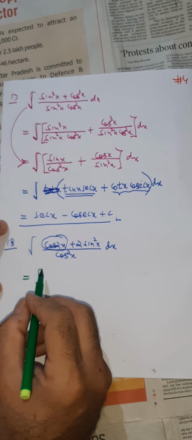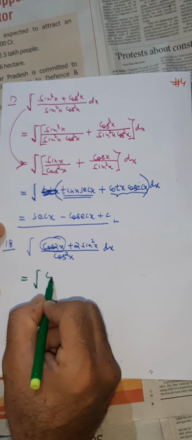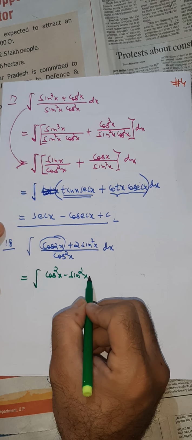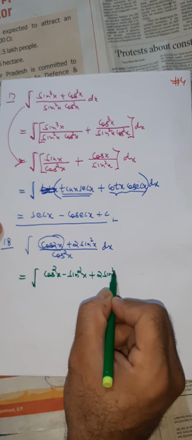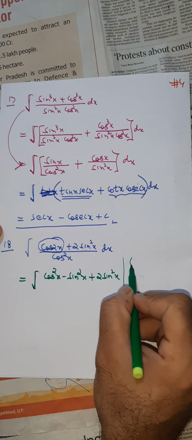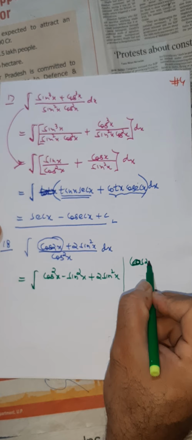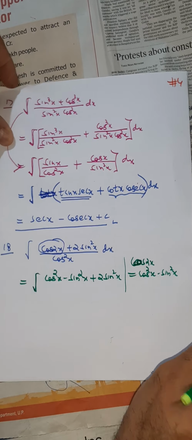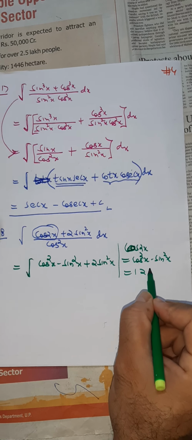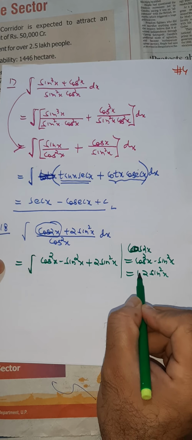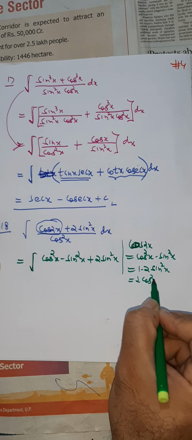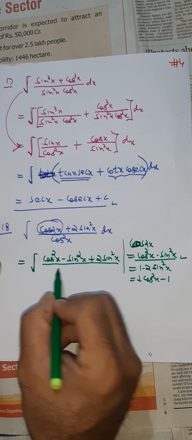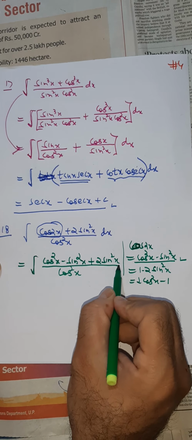For example, I'm using cos square x minus sin square x, plus 2 sin square x is already there. You know, cos 2x has three different expressions: cos square x minus sin square x, then 1 minus 2 sin square x, and 2 cos square x minus 1. Just to remind you, I've used this. Any one of these three can be used, remember, upon cos square x.